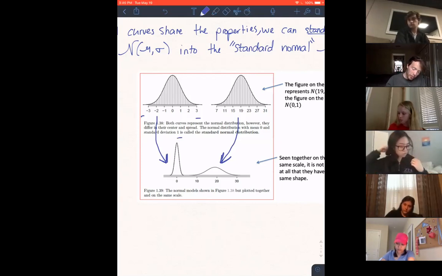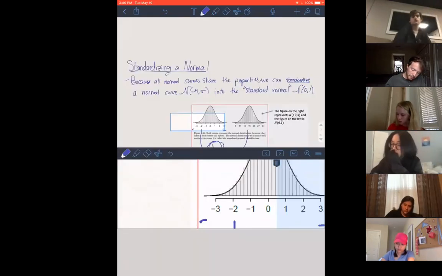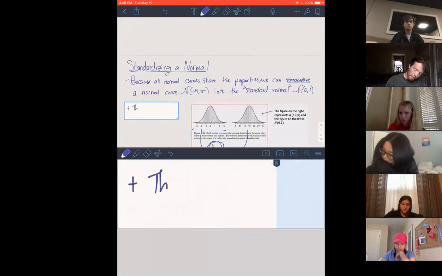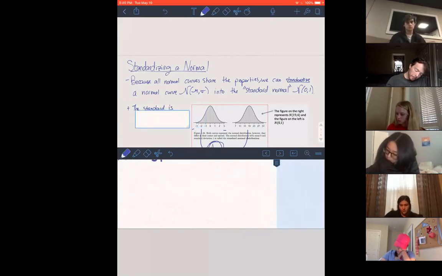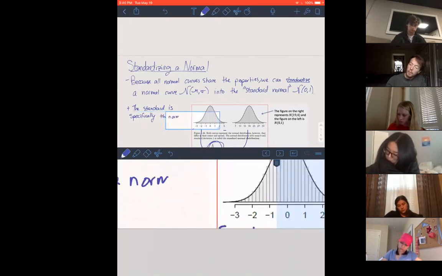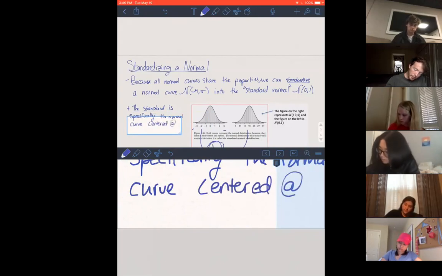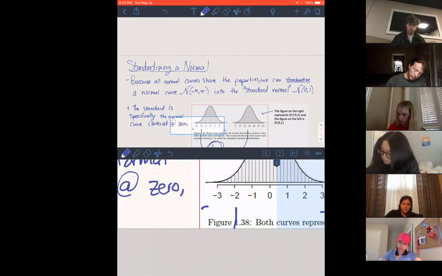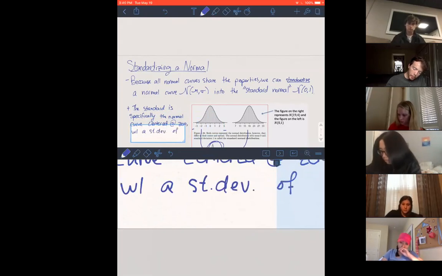This one, however, is a very special one that we call the standard normal. The standard normal is specifically the normal curve centered at 0 with a standard deviation of 1.